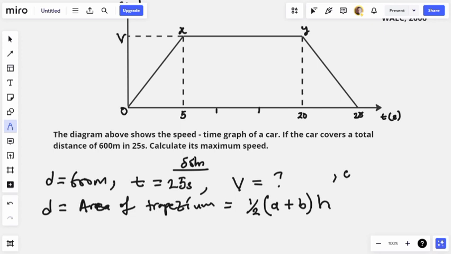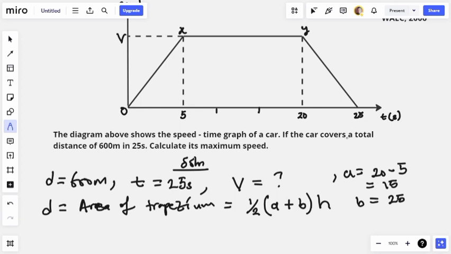So how do we get distance from x to y? It will be t2 minus t1, and our t2 is 20 minus t1, which is 5 here, to give us 15. So our b is already 25. That's distance from 0 here to that.